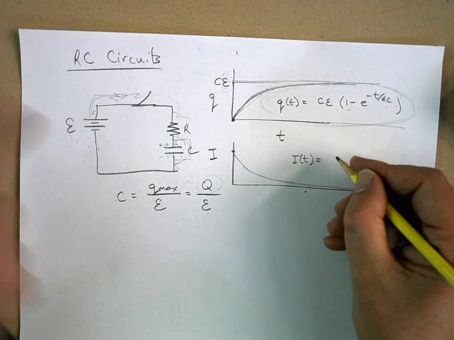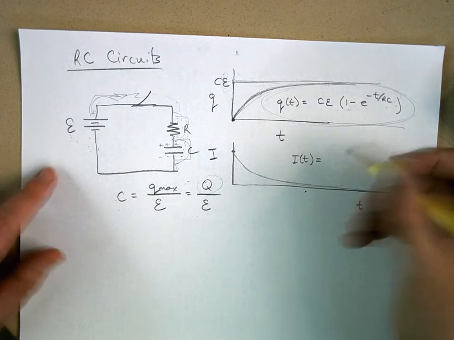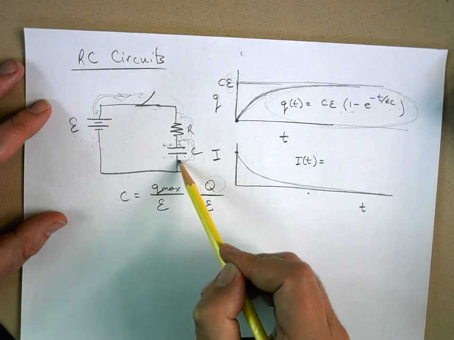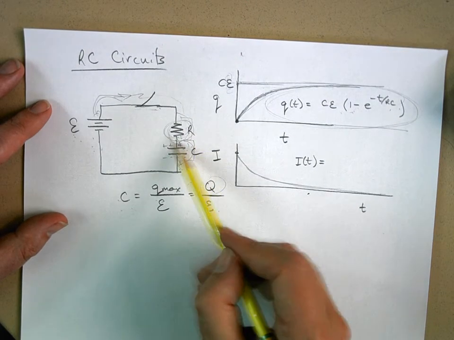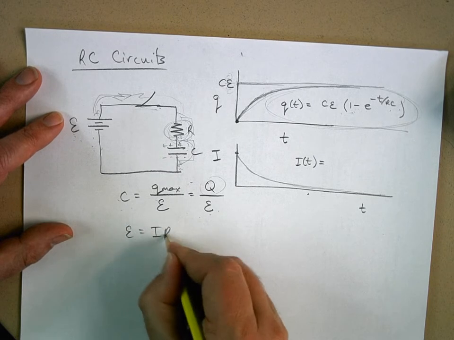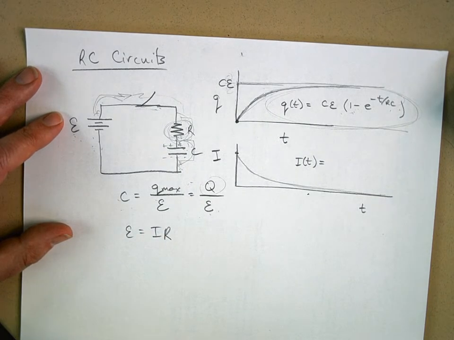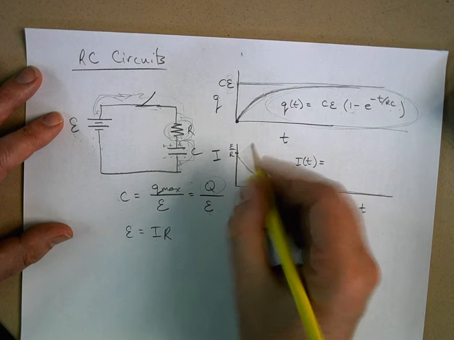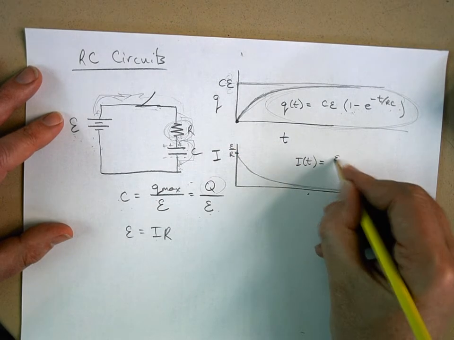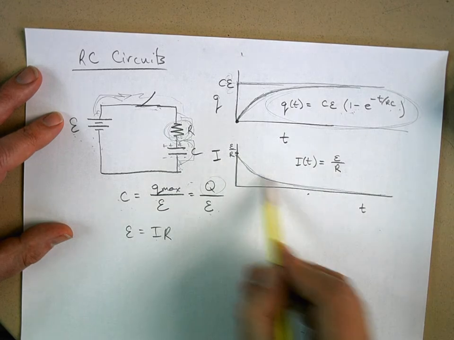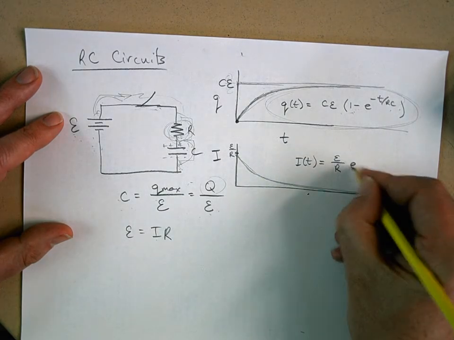The maximum current happens the instant you close the switch. There's no voltage drop here, so all the voltage drop is here. So E equals IR in that case, for that instant in time, and I is equal to E over R. This is the maximum current. But this current is slowly going to go to 0. Well, maybe not slowly, but so e to the negative t over RC.